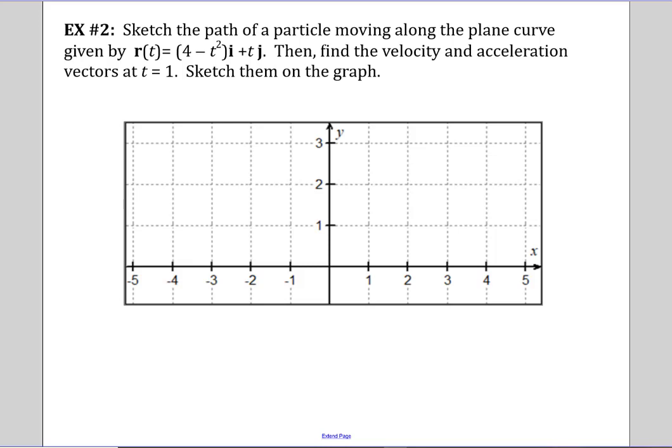Example 2 says to sketch the path of a particle moving along the plane curve given by r of t is 4 minus t squared horizontally and t vertically. Then we're going to find the velocity and the acceleration vectors at t equal 1 and sketch them on the graph.